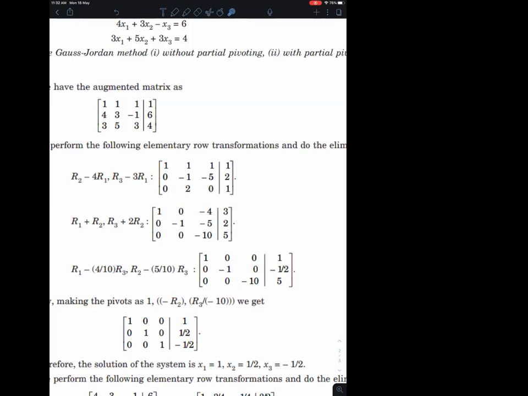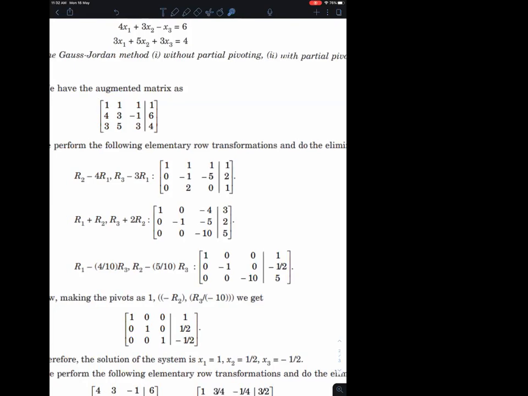You're going to subtract 3 times row 1 from row 3. By doing that, you'll get this 0, 2, 0, 1. So now you already achieved a 0 here, and then you need to achieve a 0 here. Then you're going to try to get a 0 here, 0 here, and 0 there. If you continue the operation, this is something only you can teach yourself.